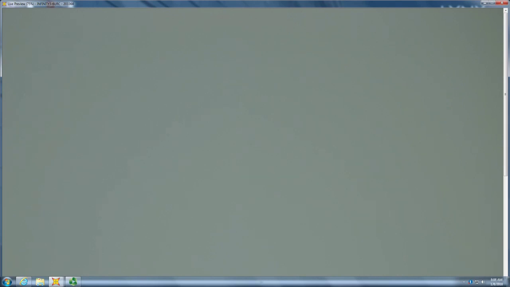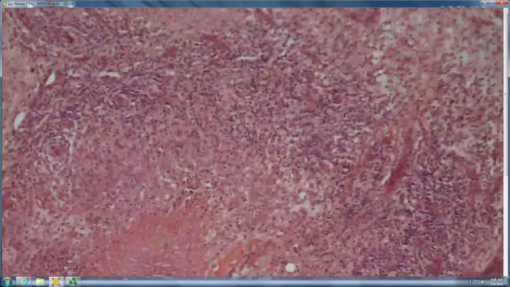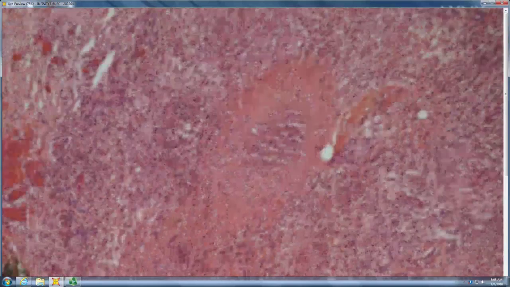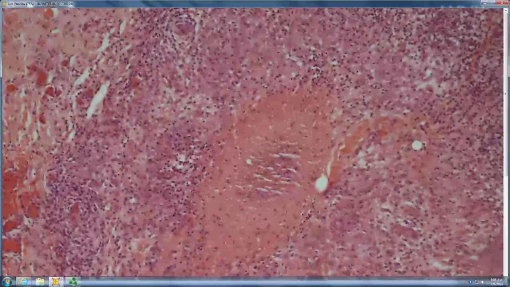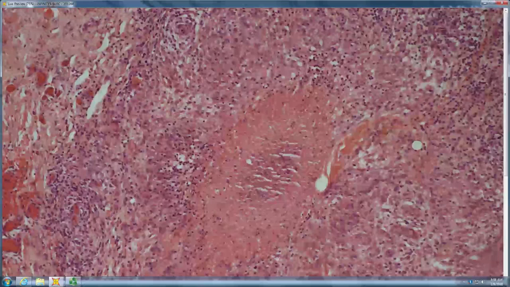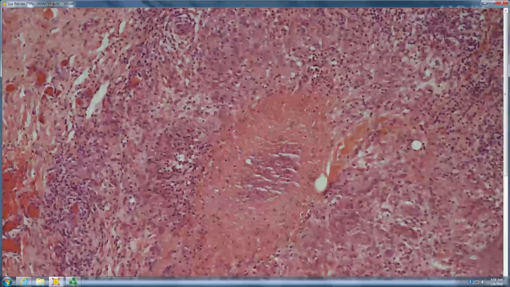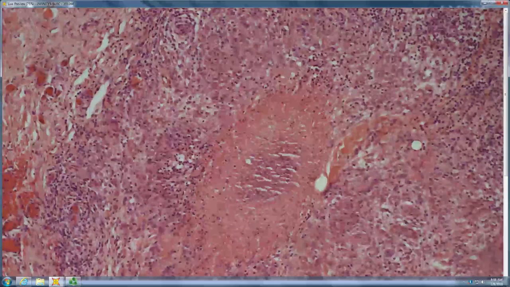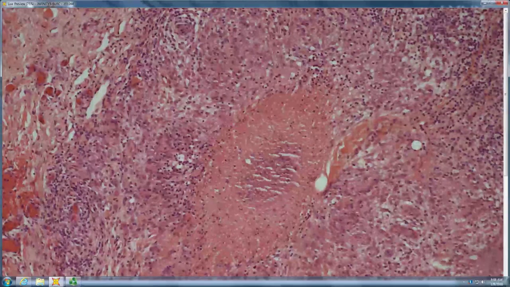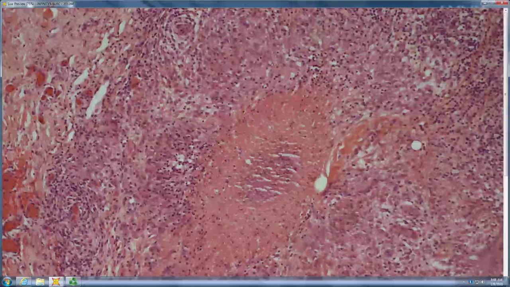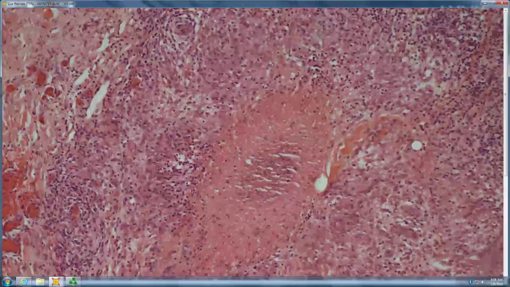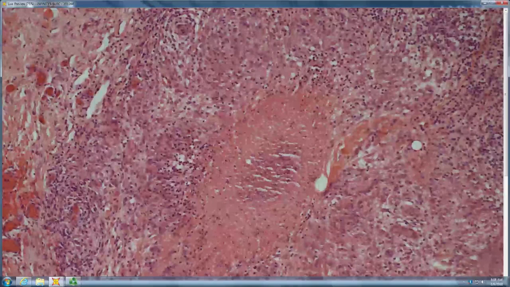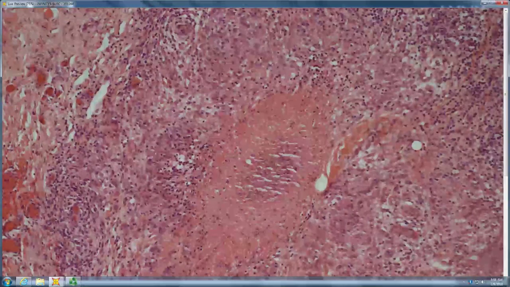So let's see. Looks like we have, I'm not sure if that's like central necrosis. So central necrosis, any kind of inflammatory cell around the central necrosis? Yeah, I feel like there is, so it makes me think of like TB. So caseous necrosis with surrounding granuloma would be classic for TB, but it usually does not have neutrophilic debris. So does this have neutrophilic debris or no neutrophilic debris?